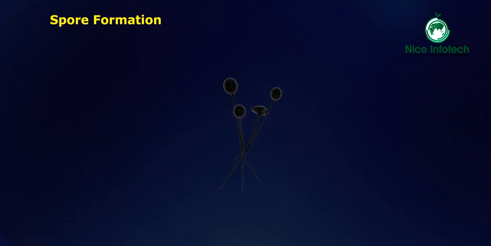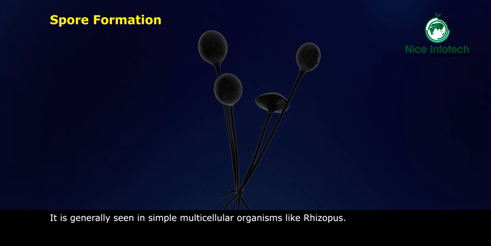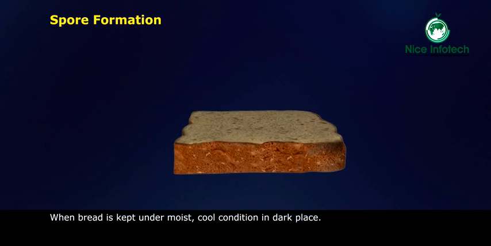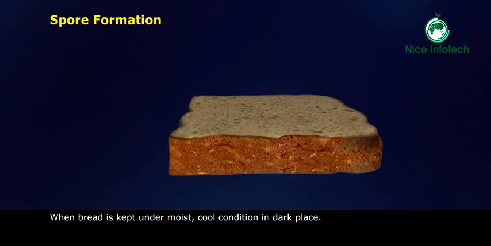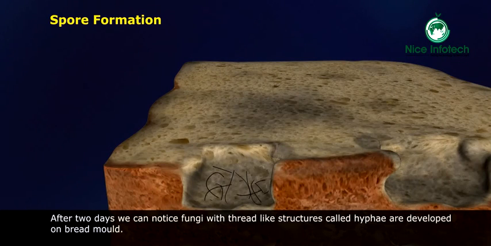Spore formation. It is generally seen in simple multicellular organisms like Rhizopus. Rhizopus is nothing but bread mold. When bread is kept under moist, cool conditions in a dark place, after 2 days we can notice fungi with thread-like structures called hyphae developed on the bread mold.